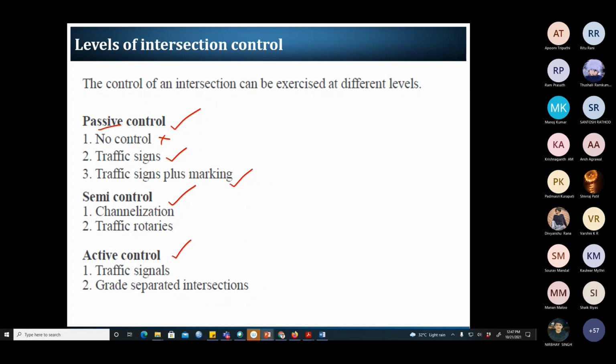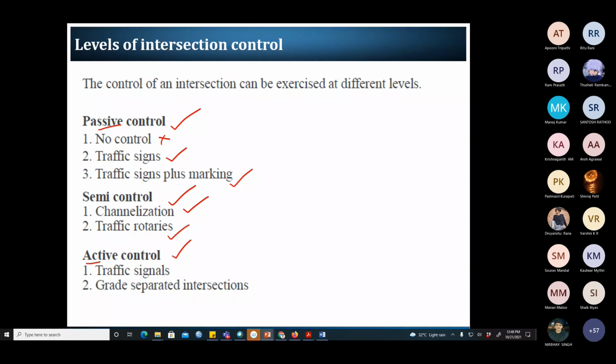Then semi control means we are providing channelizations and traffic rotaries, which is nothing but a roundabout. So that is considered under semi controlled facilities. The final one is active control, where we completely control the intersections by providing traffic signals and grade separation.